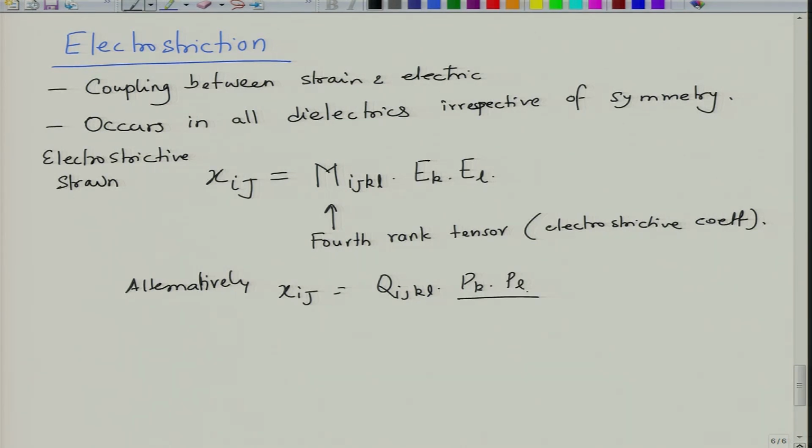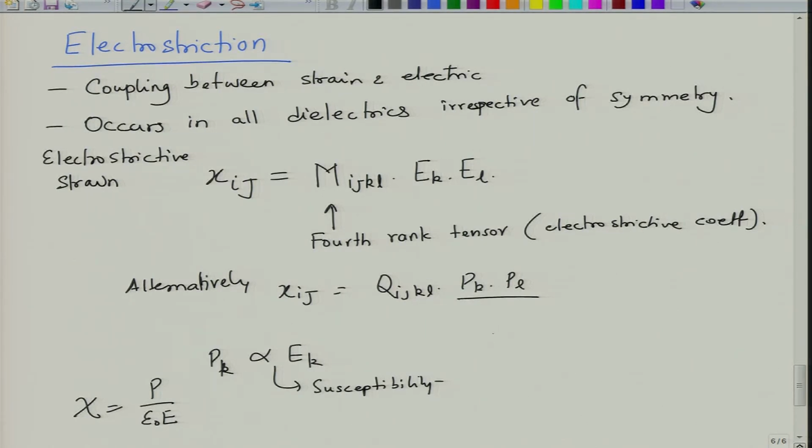So, instead of writing in terms of electric field vectors, you can also write them in terms of polarization vectors, and these are related to the electric field by susceptibility, right, because we know that susceptibility is nothing but P divided by epsilon naught E. So, basically the proportionality constant will be susceptibility.